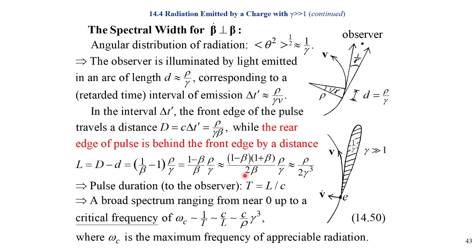So these two, very close to 2, cancel, not much difference. Only a small change. And that's rho over 2 gamma cubed.